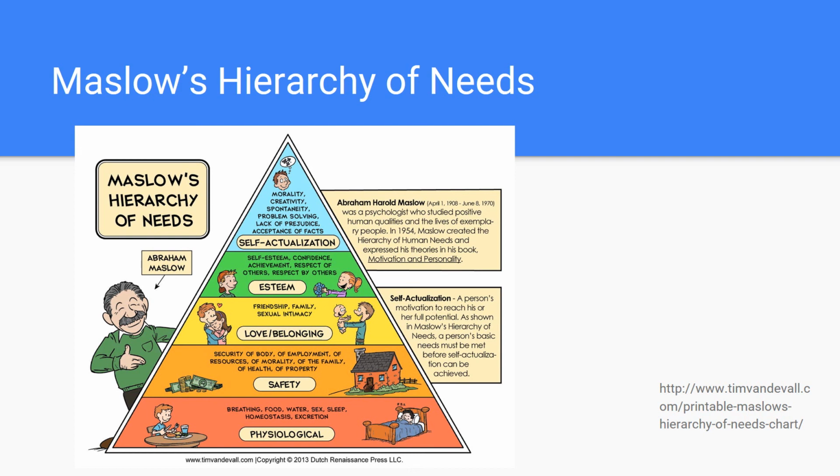The next level is safety, and this is not just physical safety, although that is part of it, but it also is stability in the family, mental health safety. So if a child's being teased or picked on or emotionally abused somehow, that is also going to indicate that this level of need is not being met.